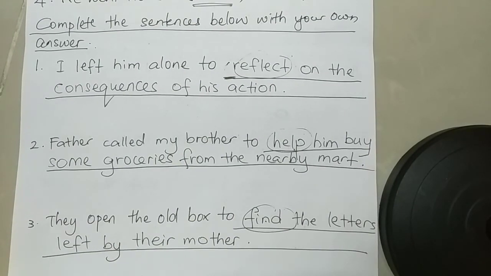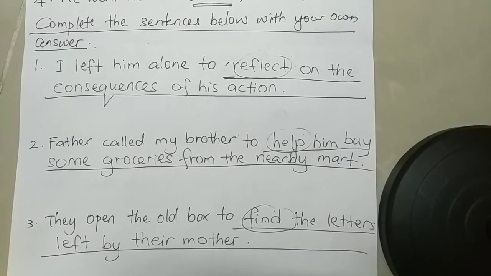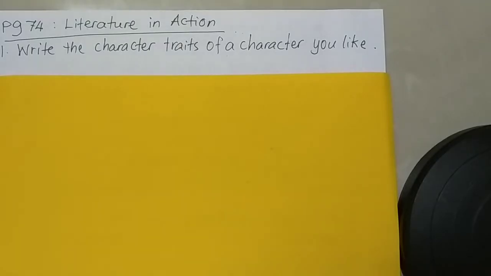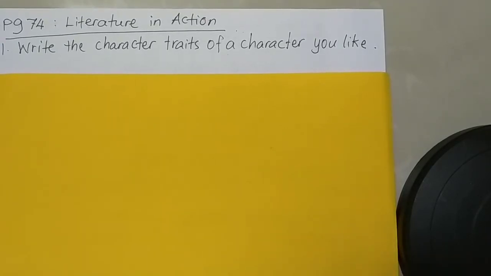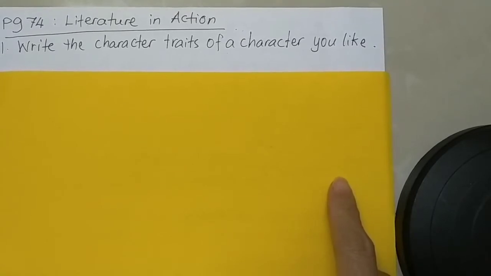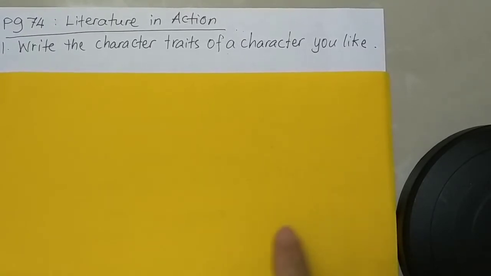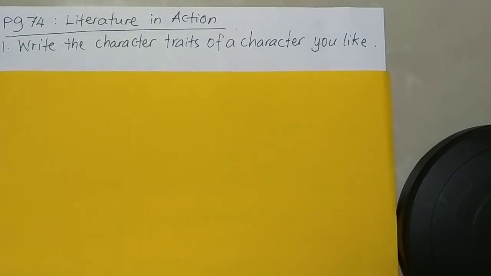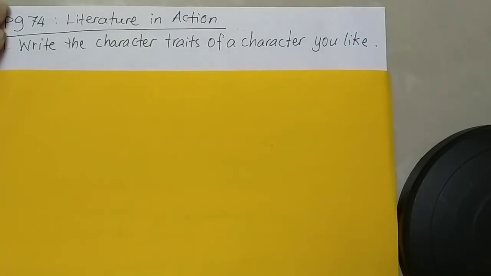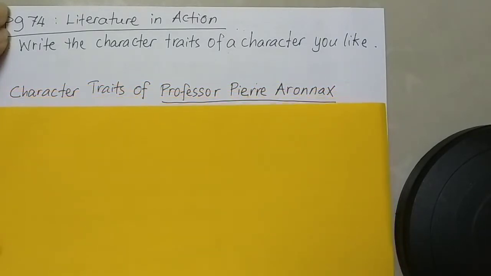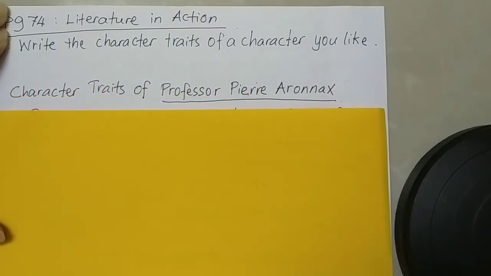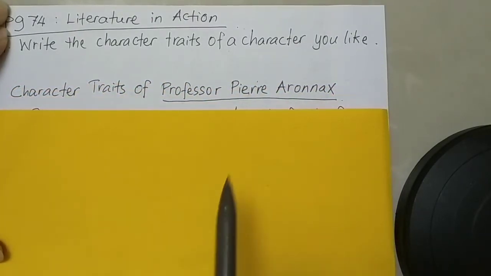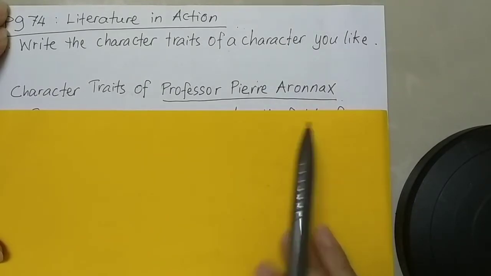Now, this time we'll head on to page 74. On page 74, it is literature in action. You are required to write the character traits of a character that you like, and of course, it is based on a novel that you pick from your literature book. Here I picked the novel 20,000 Leagues Under the Sea, and the character that I picked would be Professor Pierre Aronnax.